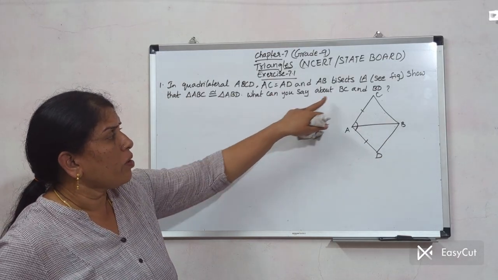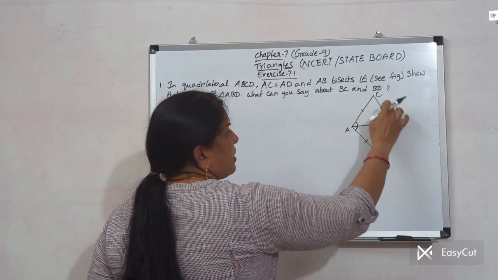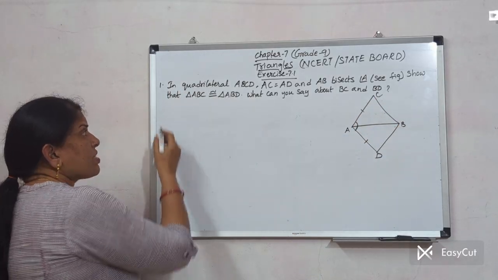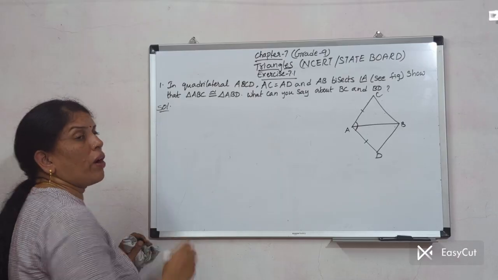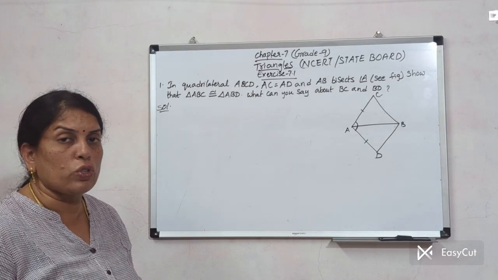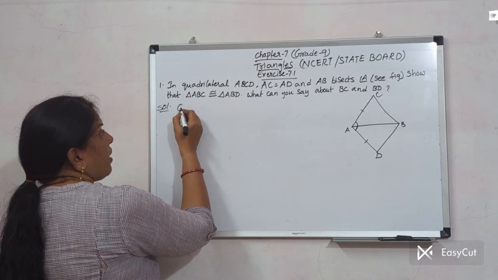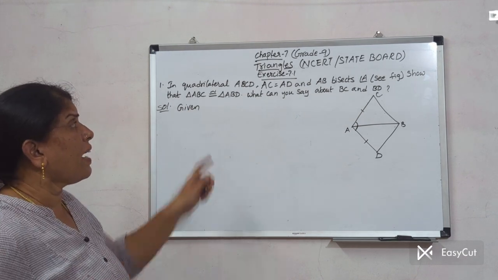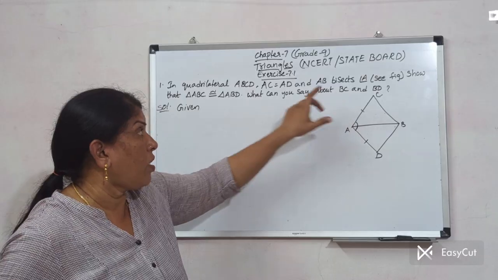What can you say about BC and BD? How will they be? They are asking that. First of all, whatever is given, you should note down the points. Given: ABCD is a quadrilateral.